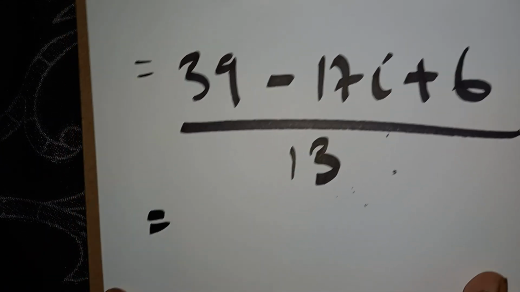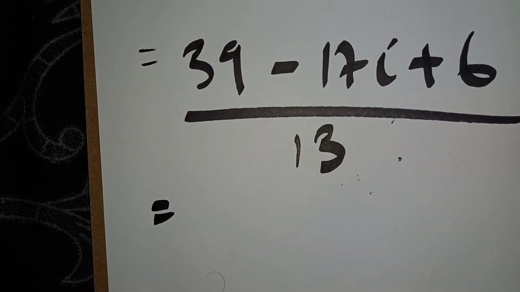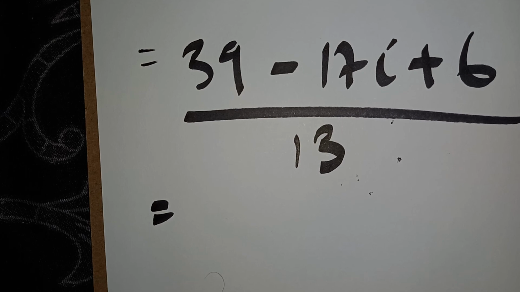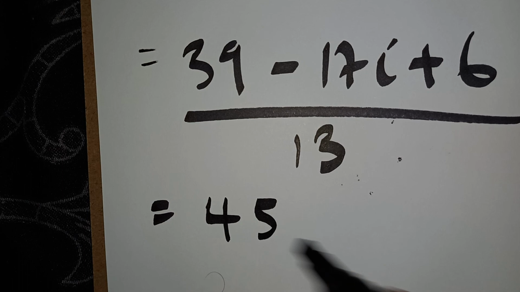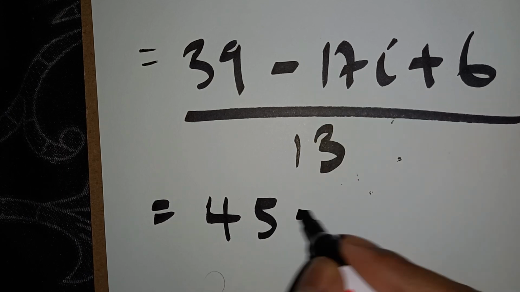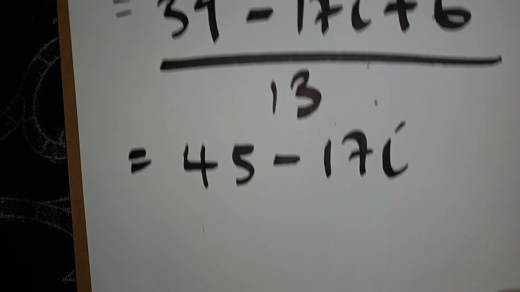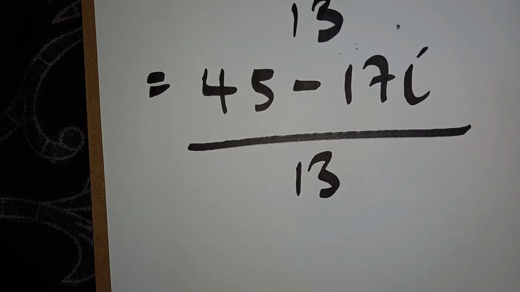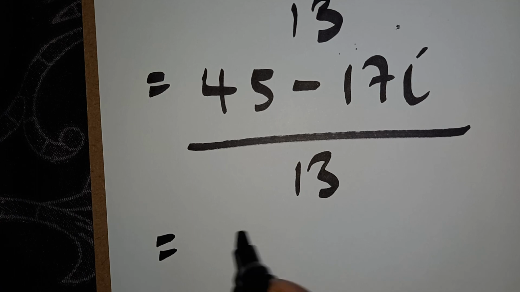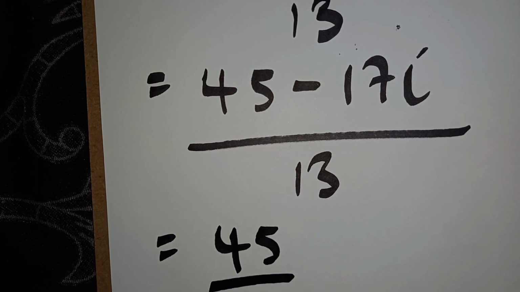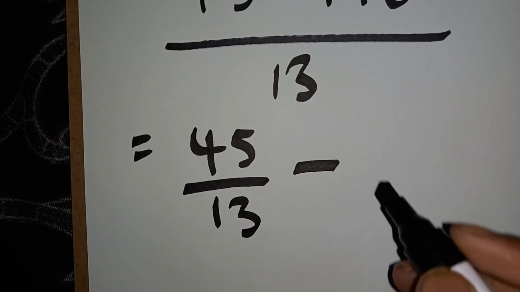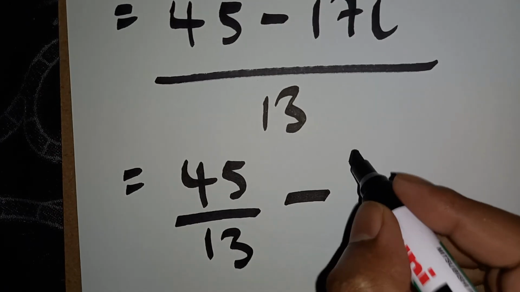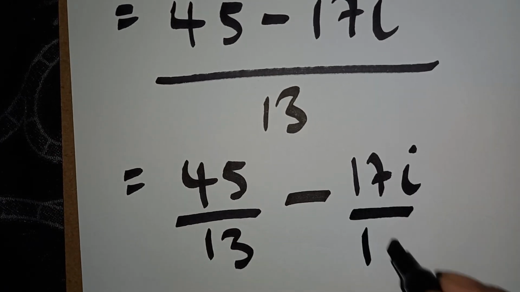All right, 39 plus 6 is a like term, right? So if you do 39 plus 6, you will be getting basically 45, and then this side you will have minus 17i, divided by 13, right? So further simplify this, you will get 45 over 13 minus 17 over 13 i.